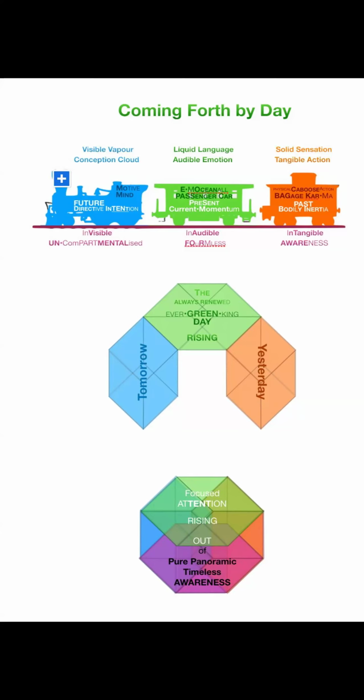We have to recognize, if we want to transform into this full spectrum being that we are as human beings, we have to not kill the ego, but bring the ego back to its true nature.